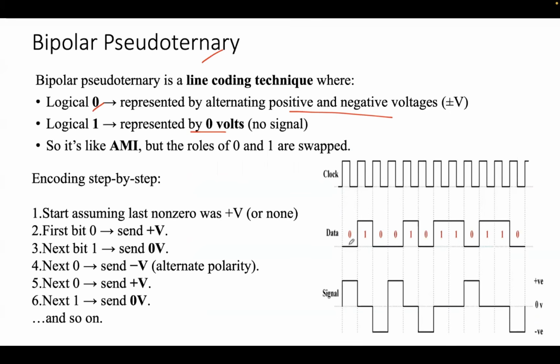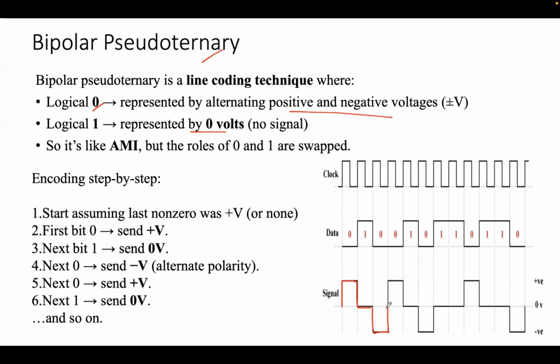So if you see the signal representation, for 0 it should be positive, and when we get 1, it should be 0. Again, for the second 0, it should be negative.